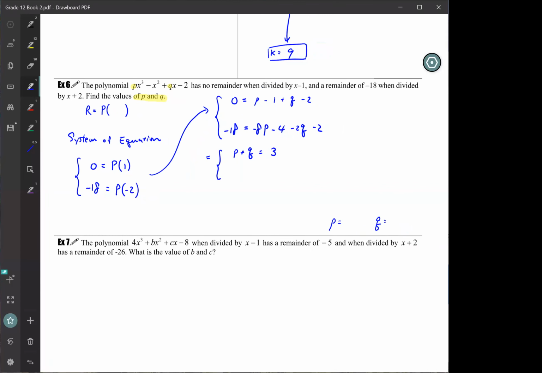Okay, Tiana, have you simplified the second one yet? No, not yet. Okay, let me know after you simplify it.